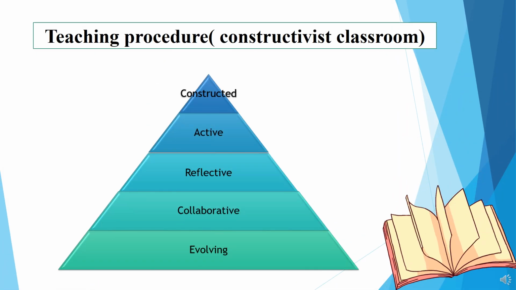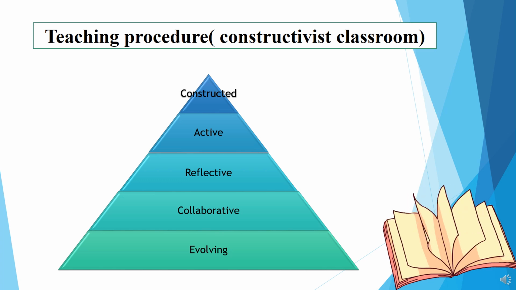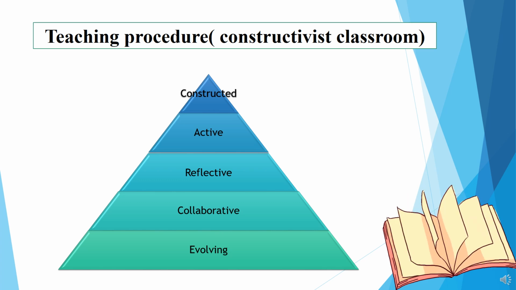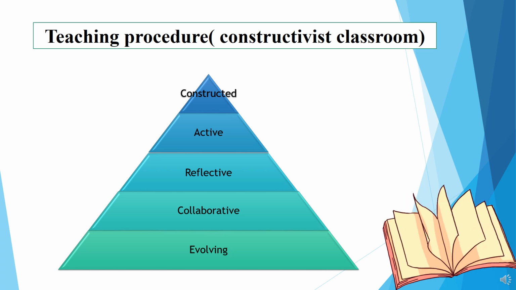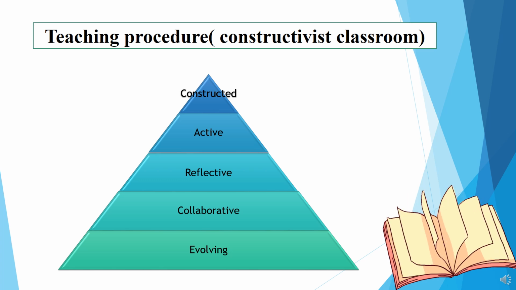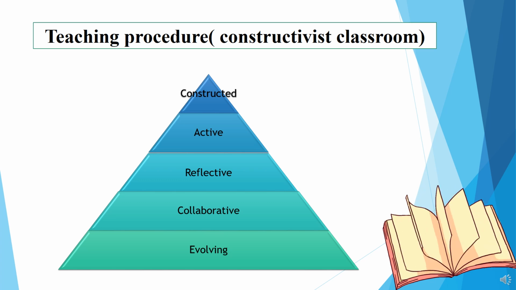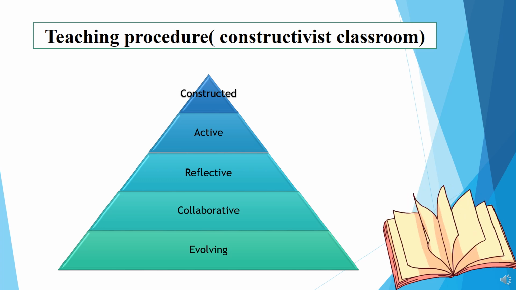Now let's have a look at what happens in the classroom. In a constructivist classroom, learning is evolving. Students learn from their errors. Learning is collaborative. Pair and group work is encouraged because students can learn with peers. Learning is reflective.